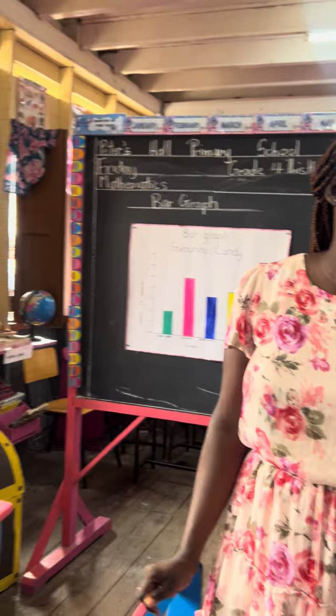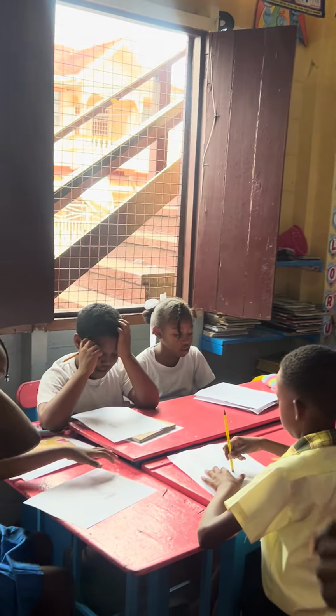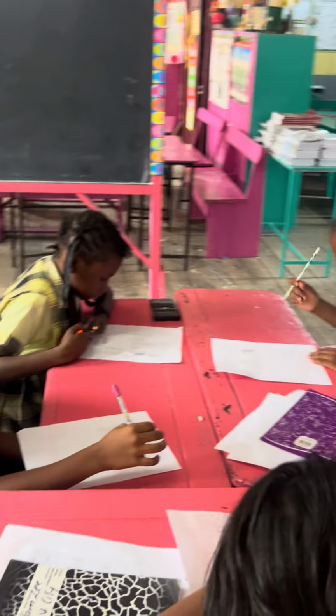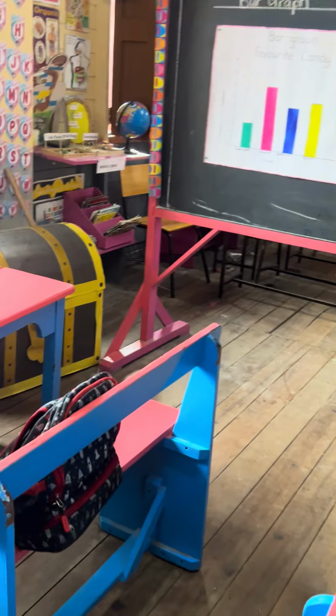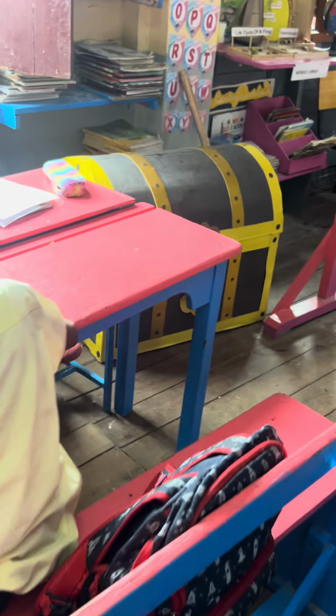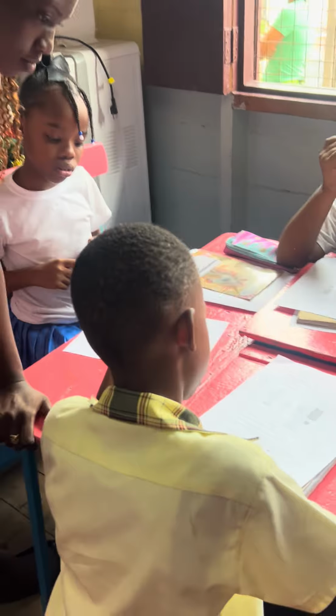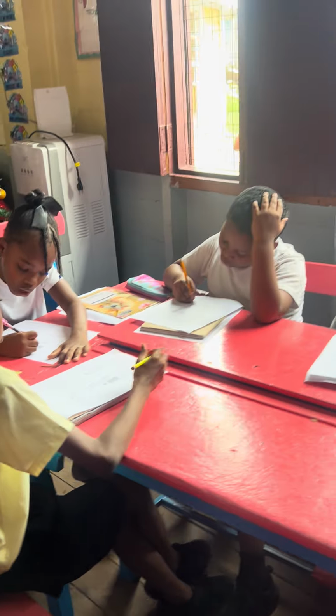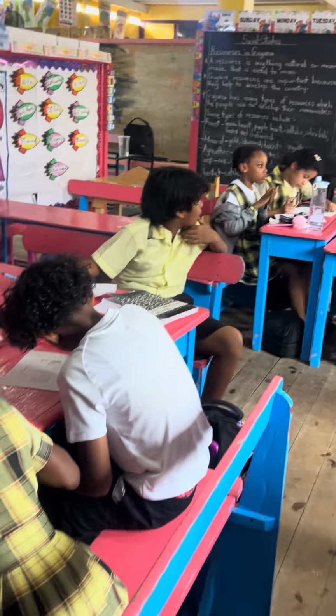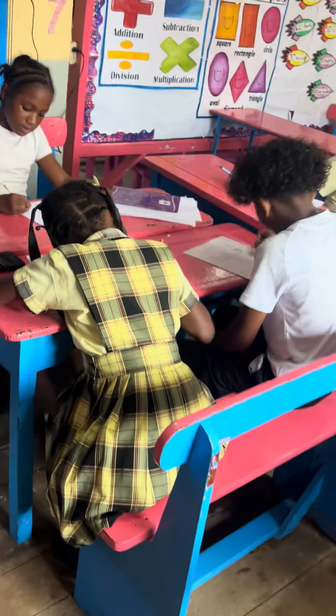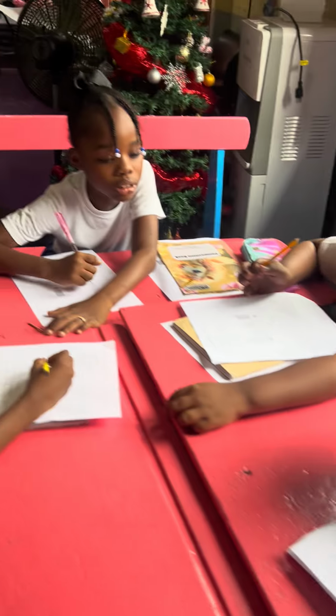Is anybody still working? Yes. One more over here, one more here, one more here. What's the last question? Read the last question for me. How many kids like either orange or apple? 1, 2, 3, 4, 5, 6, 7, 8, 9, 10.